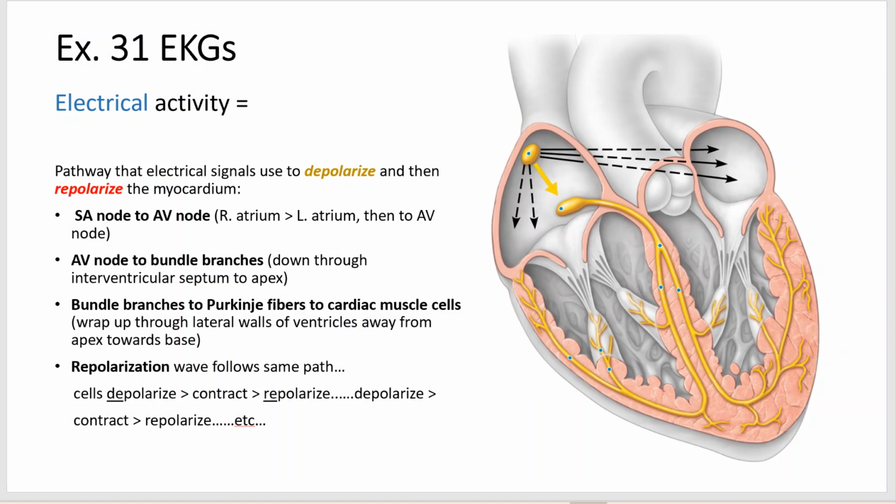So here are the specifics about what's happening electrically in the heart. First off, we're going to start up here in the right atrium with the SA node, the sinoatrial node.